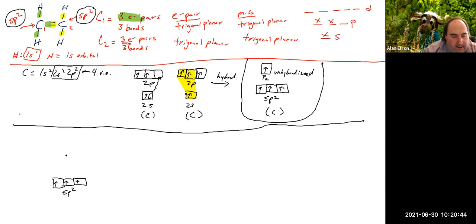I have my 1 unhybridized p orbital, which is really the pz orbital, unhybridized. And this would be for carbon number 1, okay? This guy on the left.